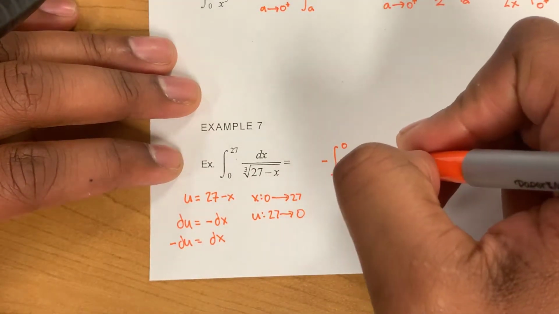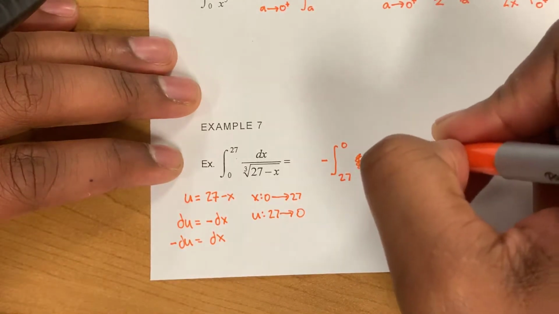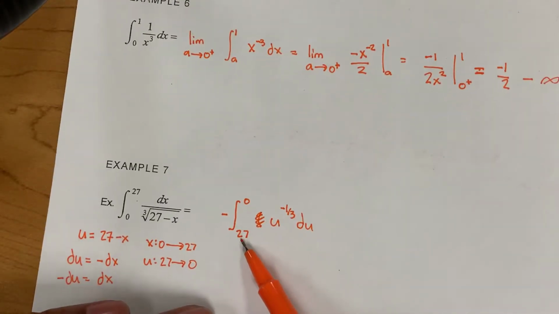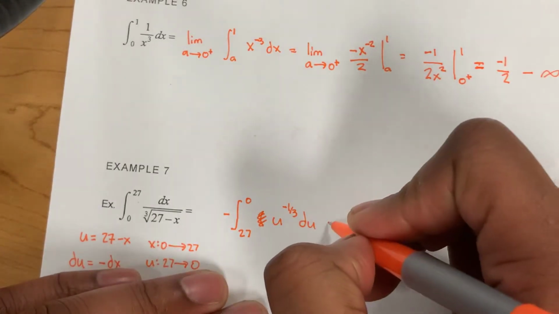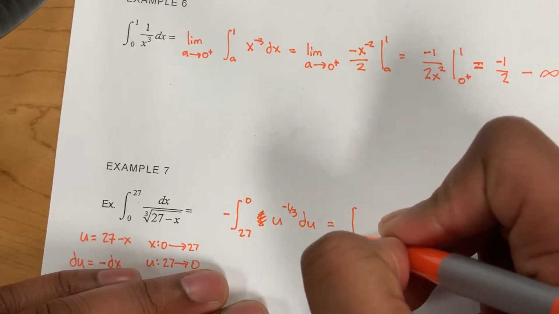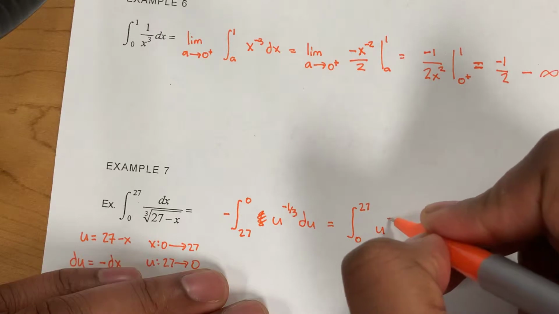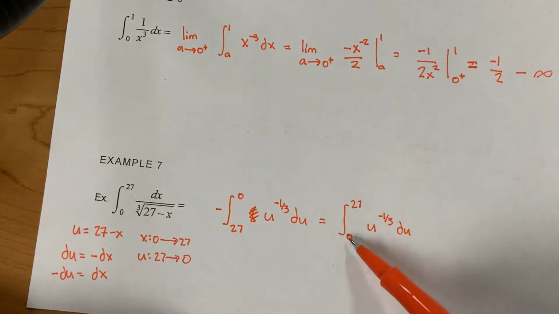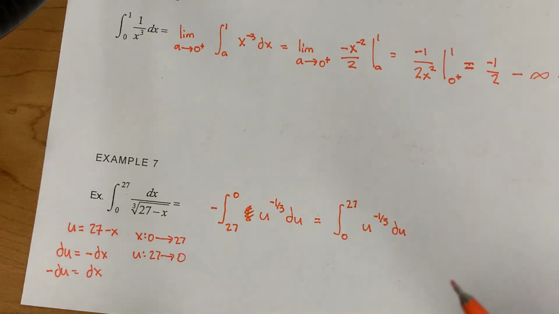We're going to move it up and say u to the negative 1/3 du. So when the lower limit is the larger, we can flip the integral over and make it positive. So what we're going to do is get the integral from 0 to 27 of u to the negative 1/3 du. And again, all we did was switch the limits and then multiply by -1 to get rid of that.